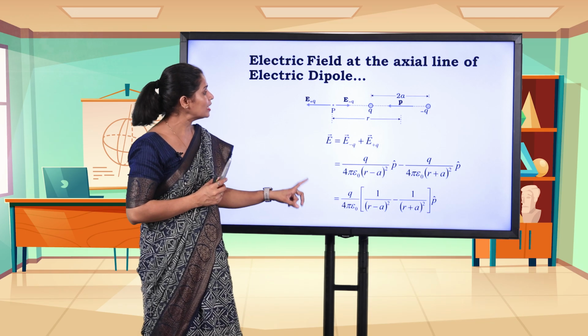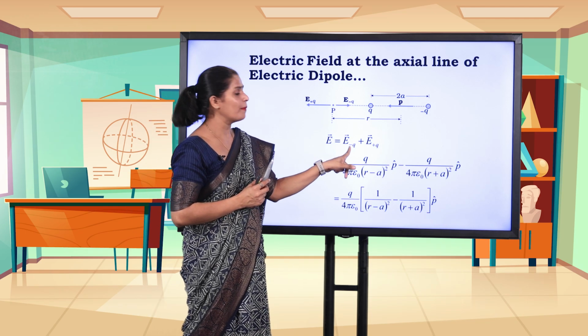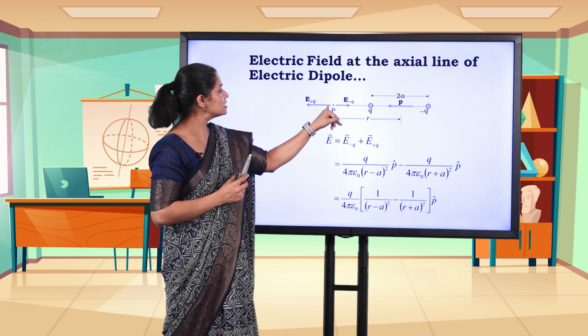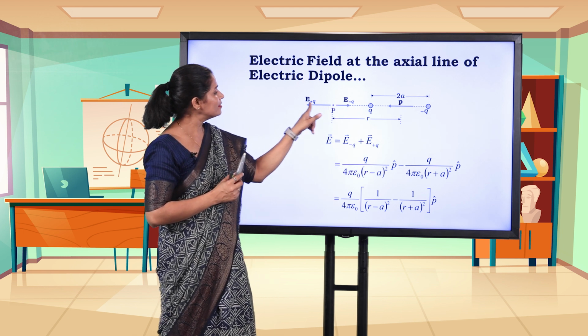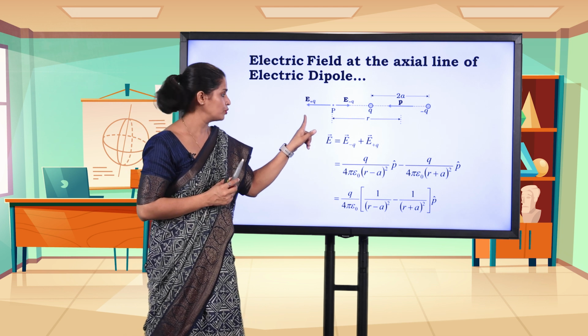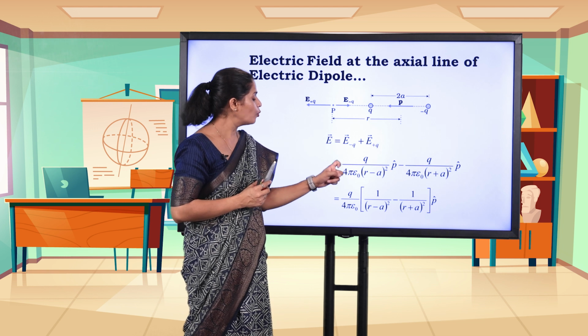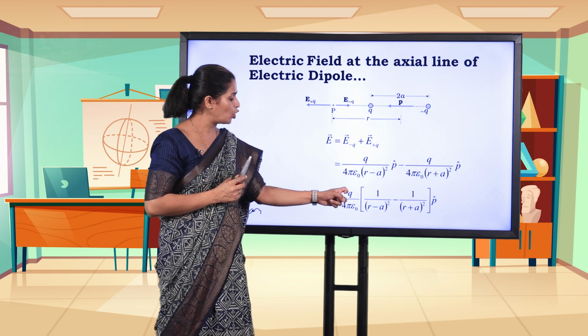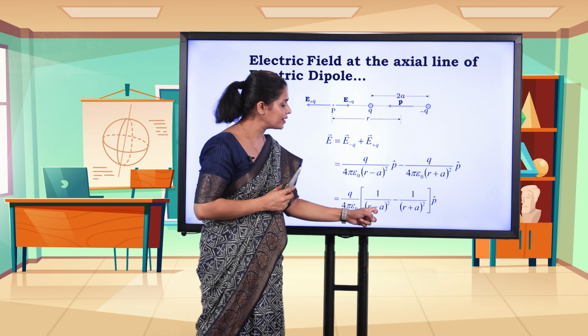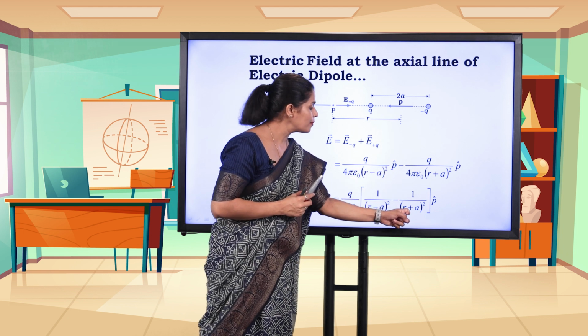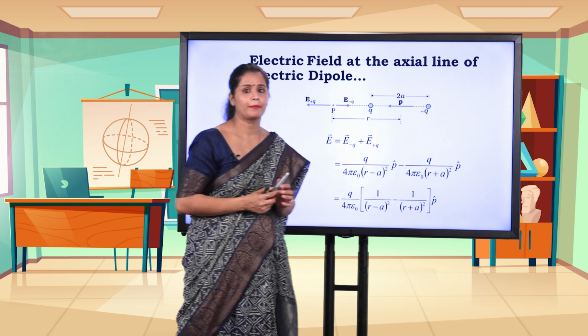The net electric field will be E due to minus q and E due to plus q. This is due to minus q and in this direction due to plus q. Now, solving this equation, after putting the values of the electric field, we get 1 by 4 pi epsilon naught q, 1 upon (r minus a) whole square minus 1 upon (r plus a) whole square, p cap.